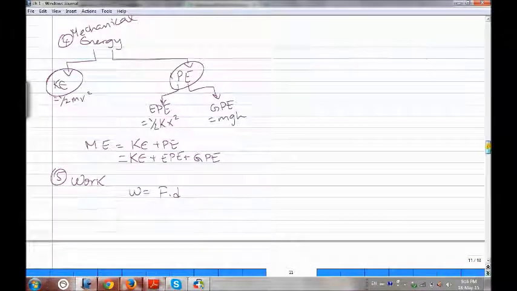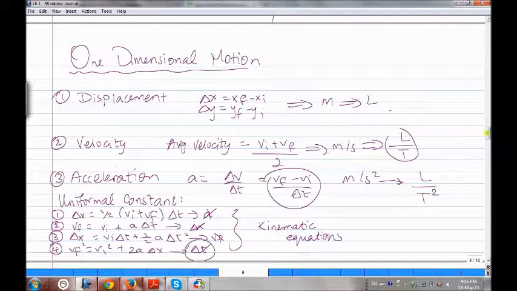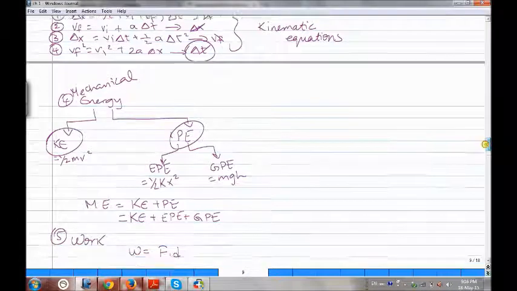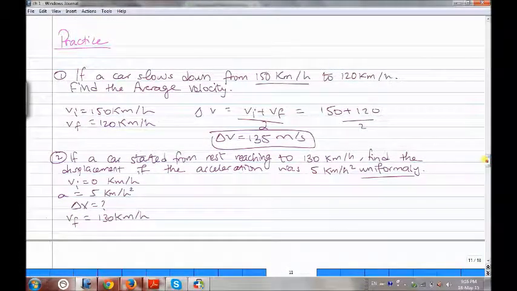Because we don't have time, we're going to use the last one. All the givens are given except time, so we're going to use the last kinematic equation. VF is already given. So we put the equation, VF squared equals VI squared plus 2a delta x.